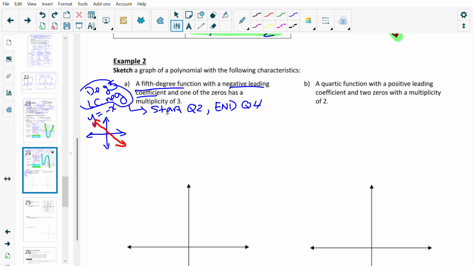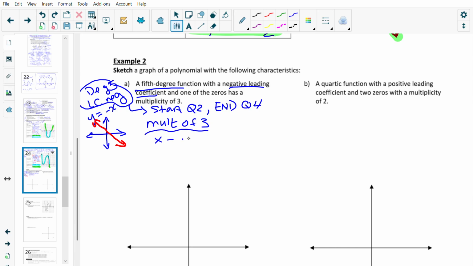Okay, one of the zeros has a multiplicity of 3. Okay, and it doesn't say anything about the other ones, right? All right, but we need a degree of 5. So one of the zeros has a multiplicity of 3.